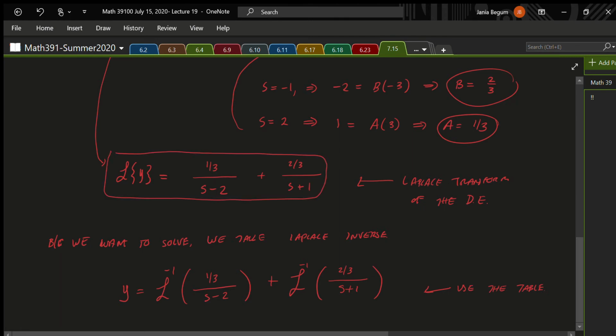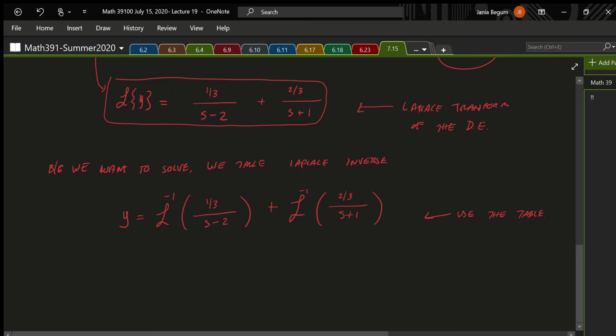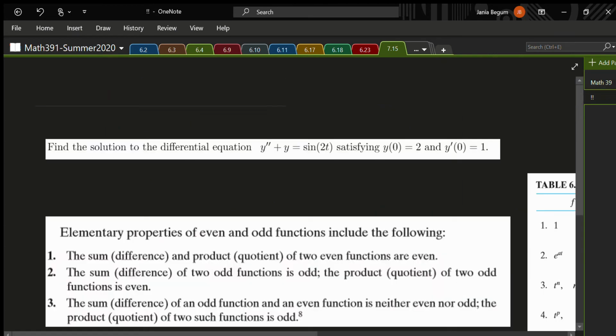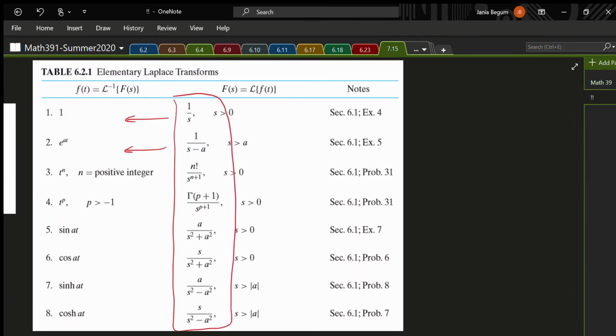So from the table, let's check it out. We want to match up which function looks like a constant over s minus 2. So let's revisit. So here's the table. So we're looking at the one that I boxed. Which one looks like a constant over s minus a constant?